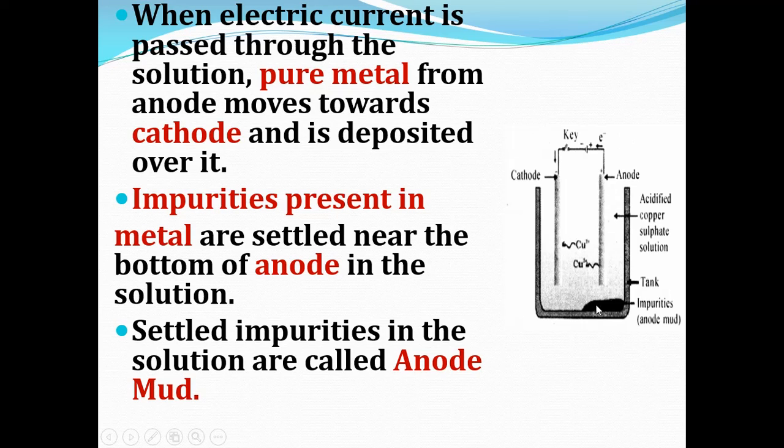The impurities present in the metal settle near the bottom of the anode in the form of anode mud. The settled impurities in the solution are called what? Anode mud. This is the process which takes place during electrolytic refining.